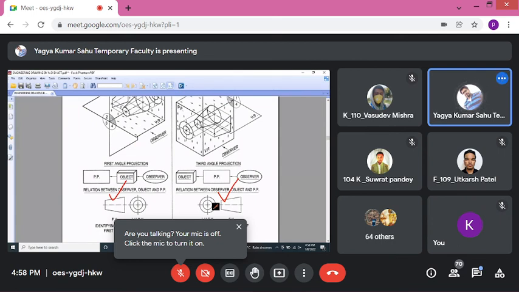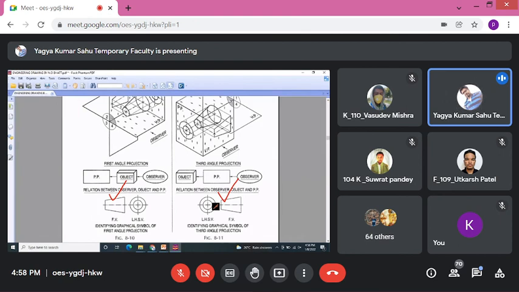And what is the object here? Frustum of a cone. While drawing the symbol of projection, they can ask which kind of object is used: a cone, a cylinder, frustum of a cone, or frustum of a cylinder. It is the frustum of a cone.